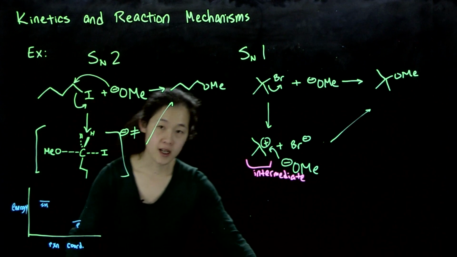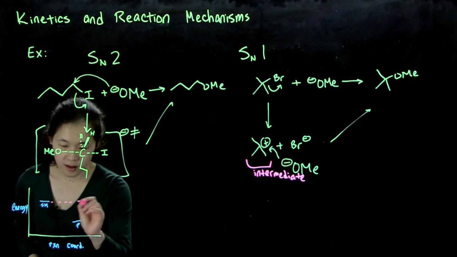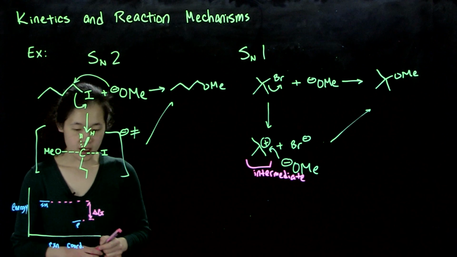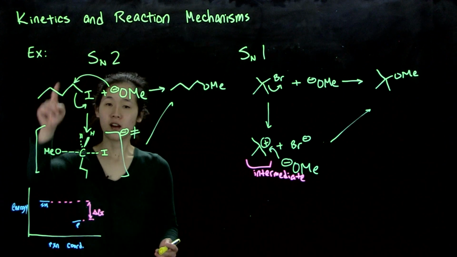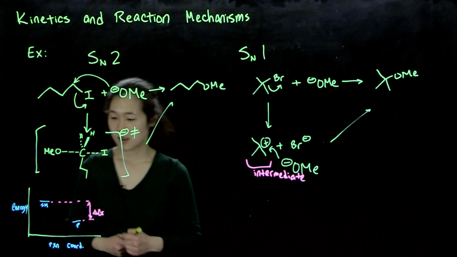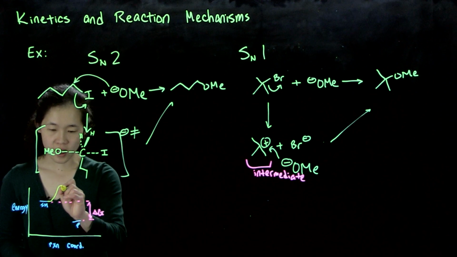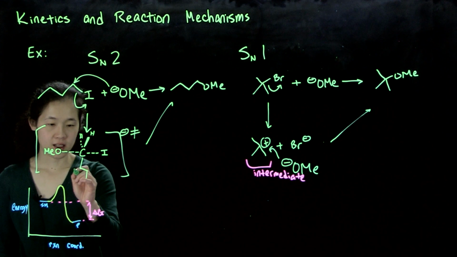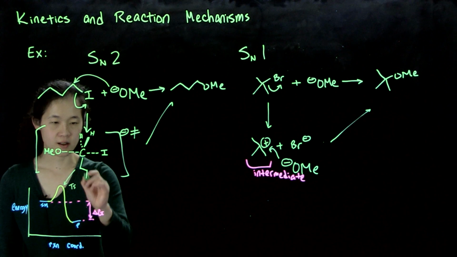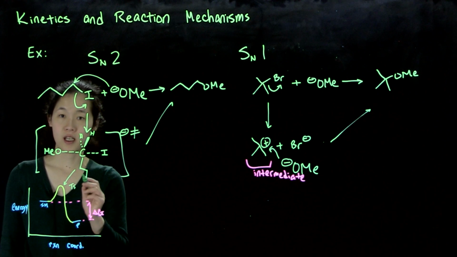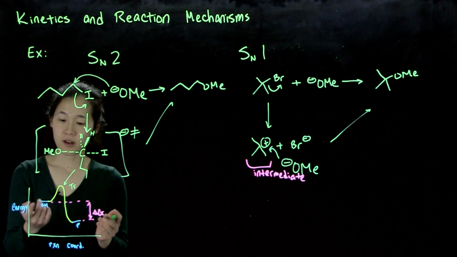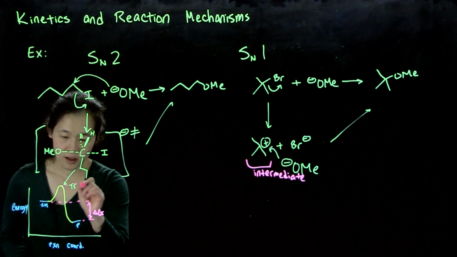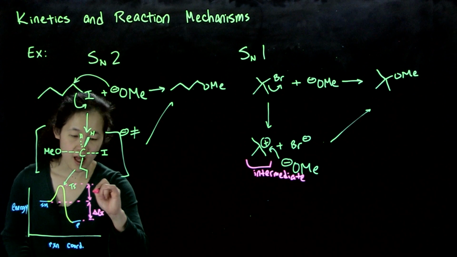Thermodynamics is here, delta G. But in this case, the pathway of this reaction really matters. We have some hump, and this species is our transition state. It is of some energy that's higher than the starting material energy. This energy over here is the so-called activation energy.